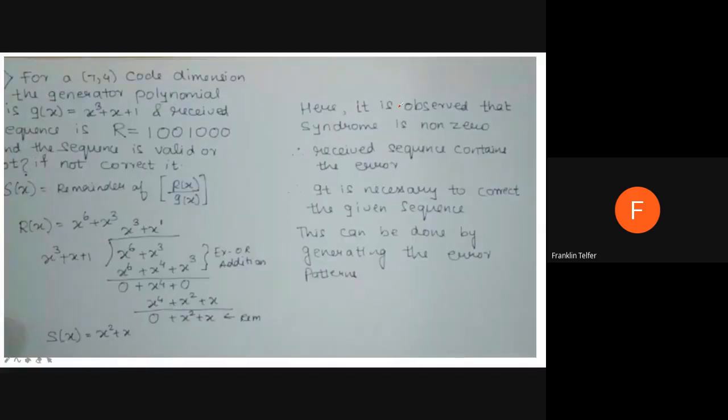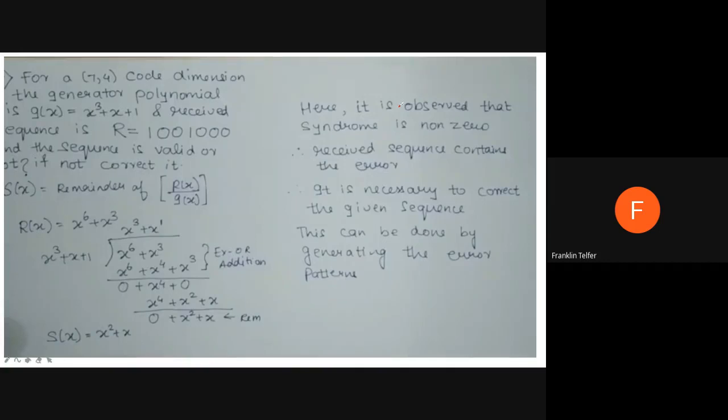Similarly, let us solve one problem related to that. We have a 7,4 code. The generator polynomial is given as x cube plus x plus 1, and the received sequence R. Some books give R, some books give V, that's not a problem.